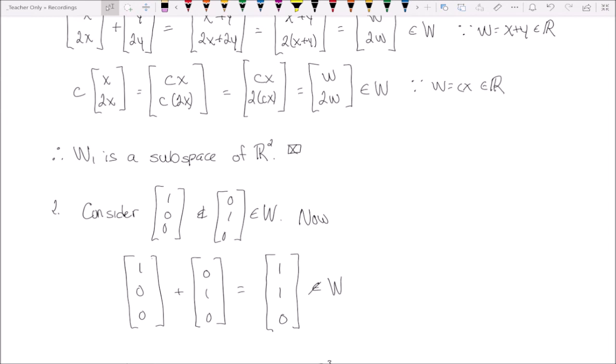Right? So you would have to show that it's not a subset, or it's empty. Or you have to provide two vectors that are in W, but their sum isn't. Or you have to provide a vector in W and a real number such that their product is not in W.